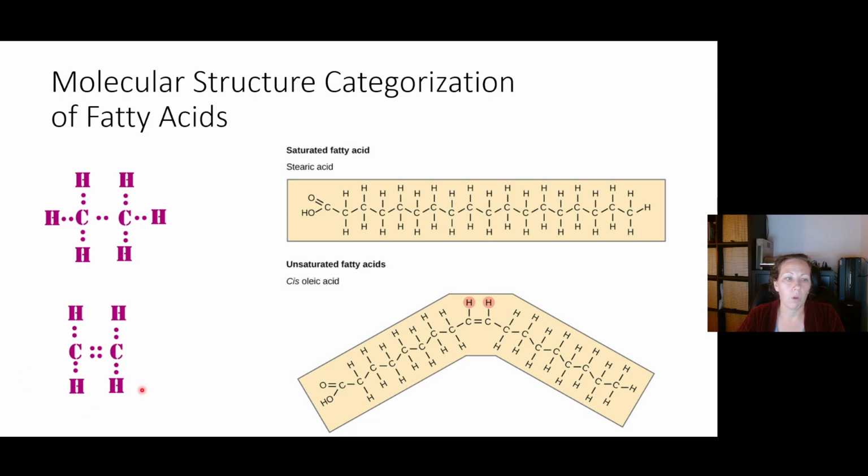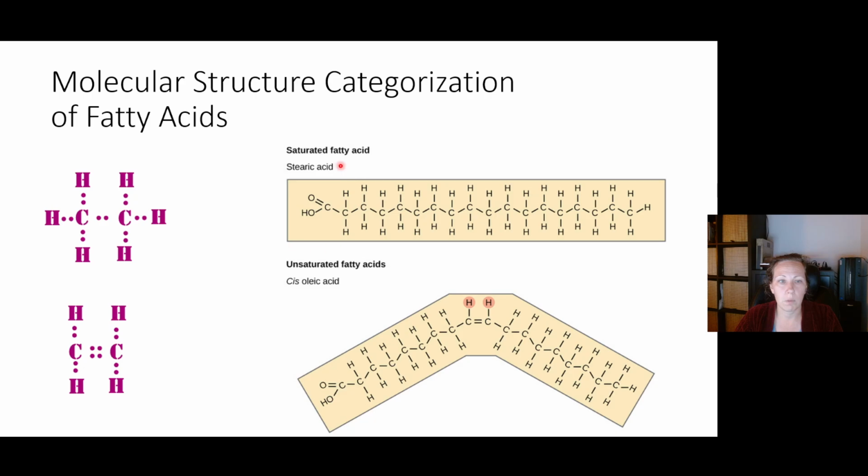But now this molecule is unsaturated. It is not saturated with hydrogen, unlike this one at the top. Okay, so that is what saturated and unsaturated fatty acids refers to. So now on a bigger fatty acid scale, a saturated fatty acid, that is what this looks like.